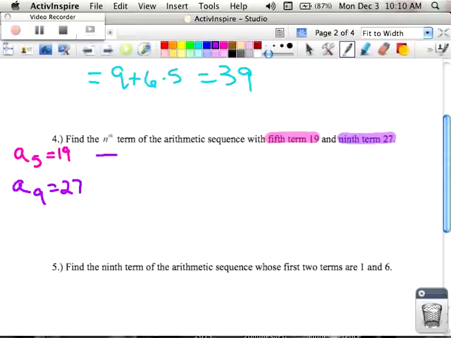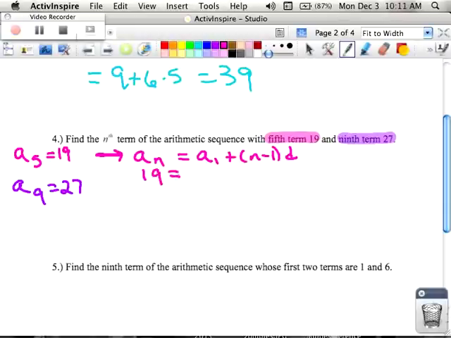So using this information from the first thing, if I was looking for the a sub n term, I know that I would have the a sub 1 term plus n minus 1 times d, because that's my formula. And they tell me that a sub n, which term did they give me? The 5th one, was 19.